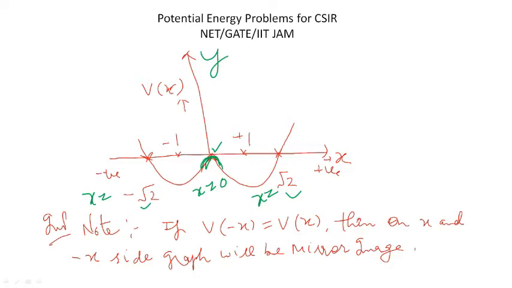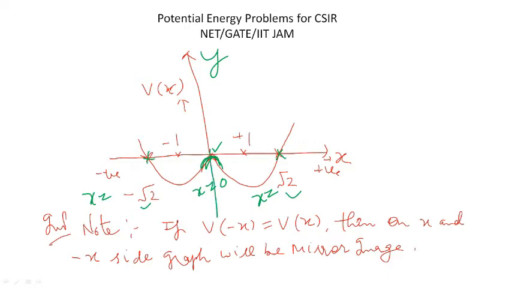Now the next value is x equal to plus root 2, so you select a point here, and the next value is x equal to minus root 2, so you select a point here. Now you have obtained, for x equal to plus minus 1, minimum values, right?